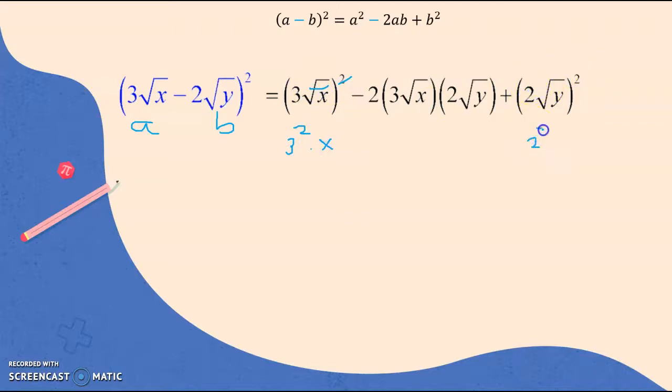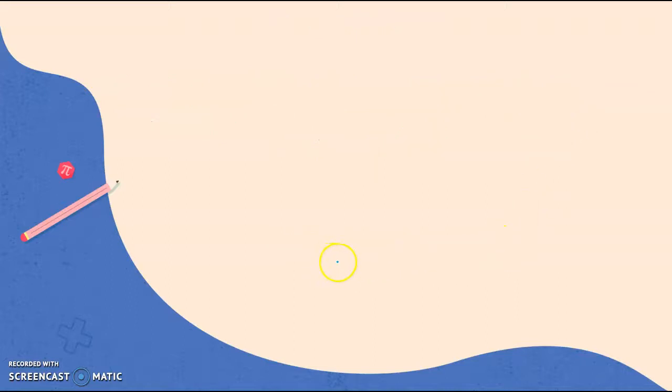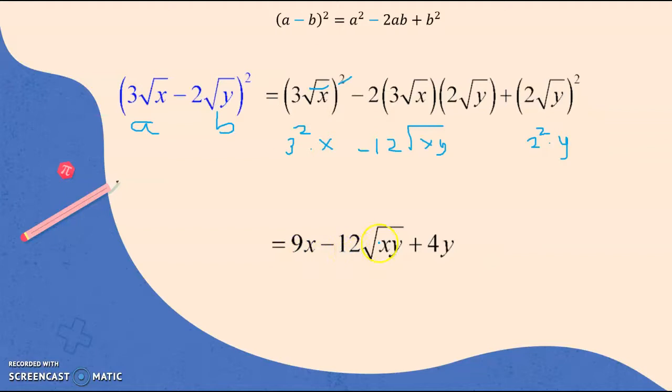So 2 squared, cancel that, becomes 2 squared y. In the middle, multiply the negative 2. Negative 2 times 3 times 2, that's negative 12. And here, xy na lang. So this becomes 3 squared, which is 9, plus 2 squared, which is 4. So your final answer is 9x minus 12 square root of xy plus 4y.